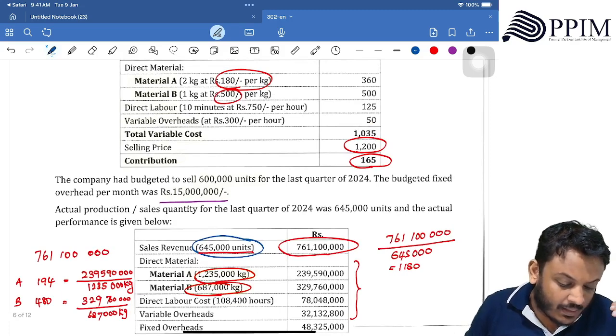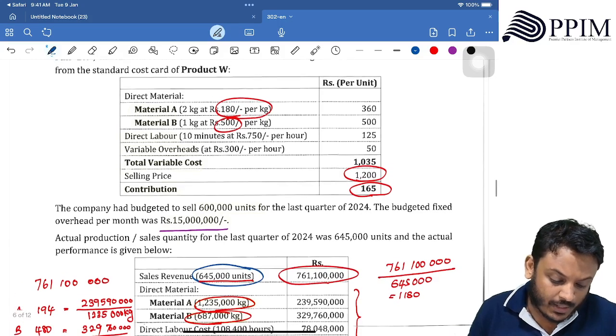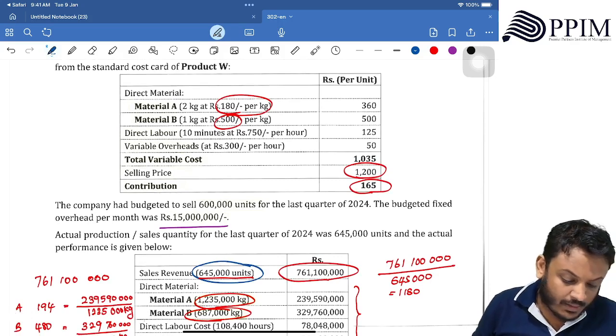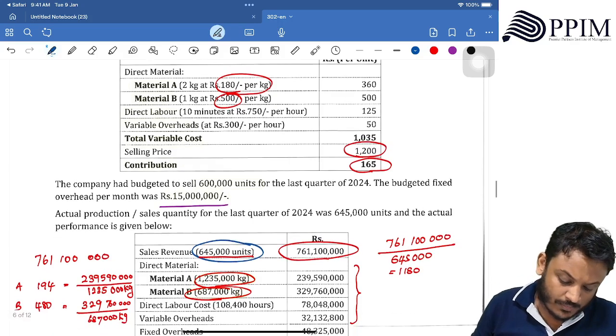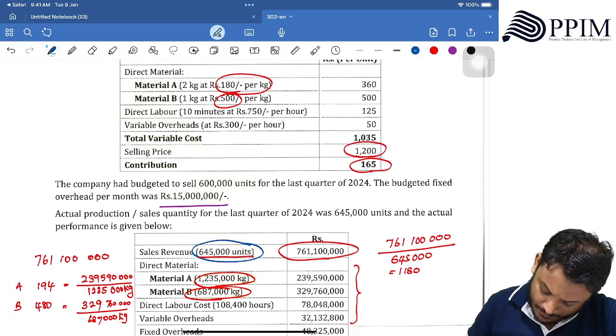So material A 2 kilogram standard, material B 1 kilogram standard, right? So total usage of material, actual usage. Okay, 1,922, sorry.